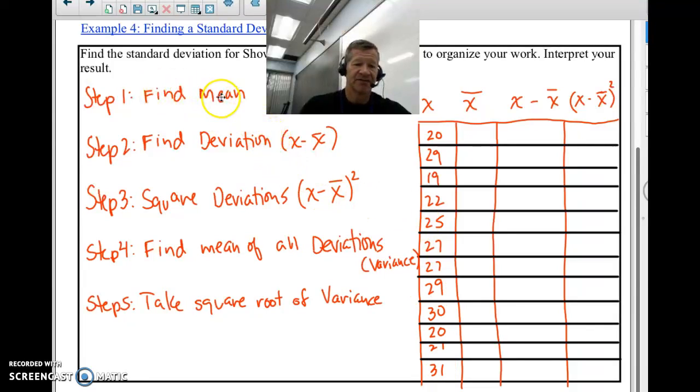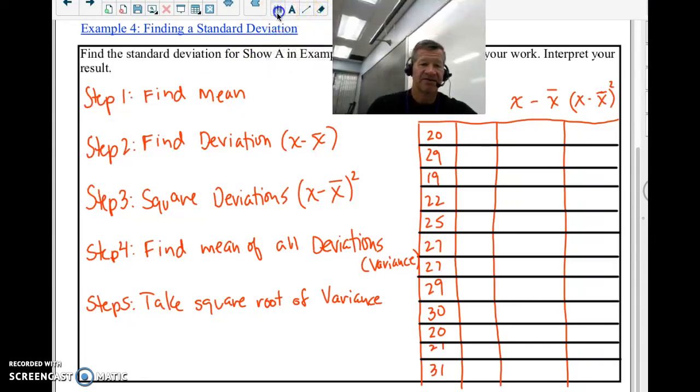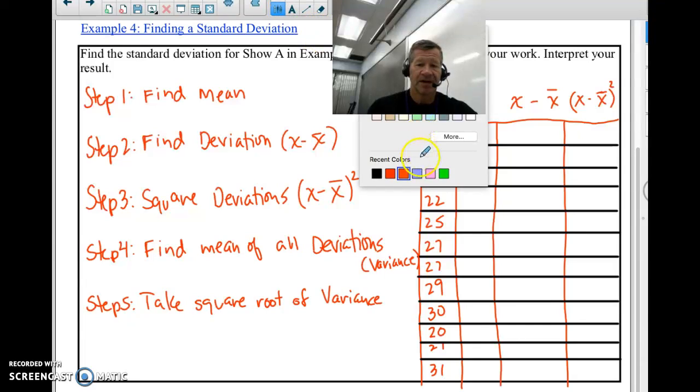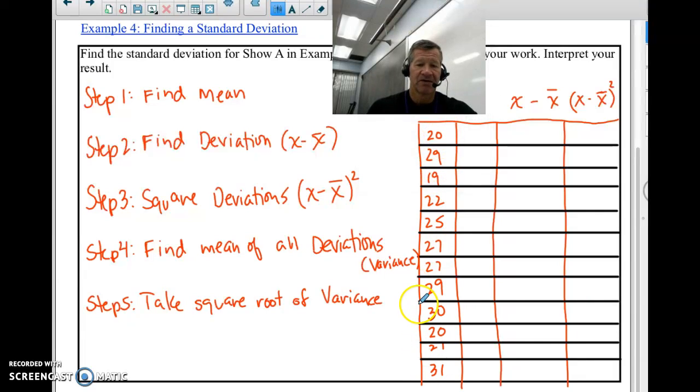The first thing I'm going to do is find the mean. We've already learned how to find the mean. I am simply going to add all the data, and once I've added all the data, divide by how many there are. There are 12 numbers here, so I'm going to add all those up and divide by 12.